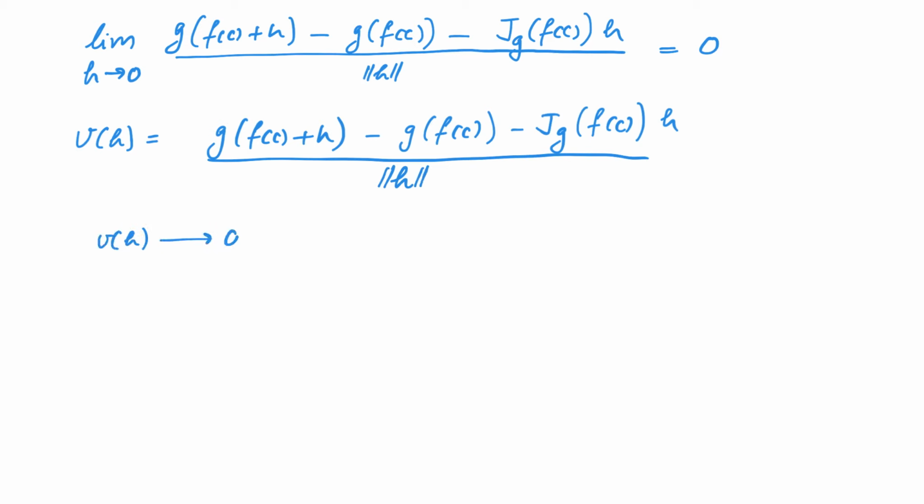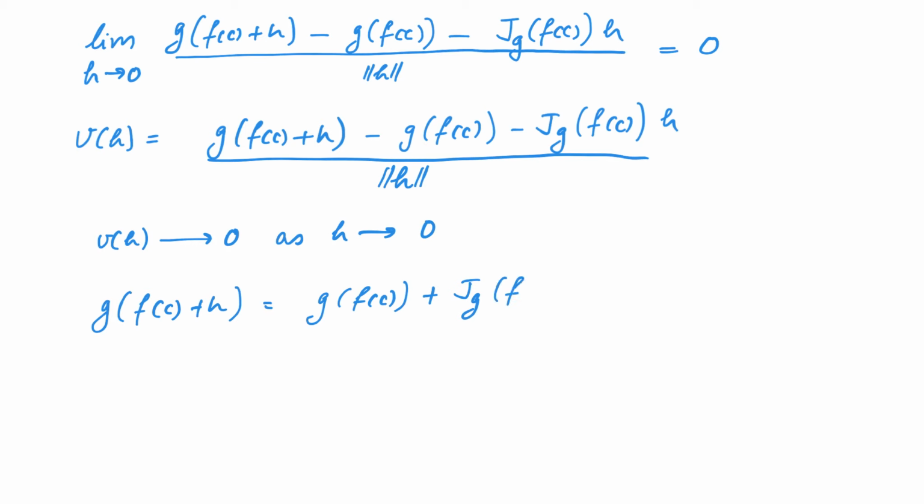Therefore, I can express g of f of C plus h as g of f of C plus Jacobian of g at f of C into h plus v of h into norm h. And notice that v of h tends to 0 as h tends to 0. Let us mark this equation 2.